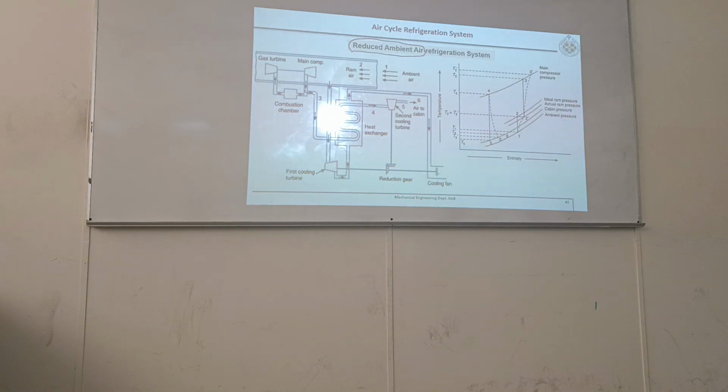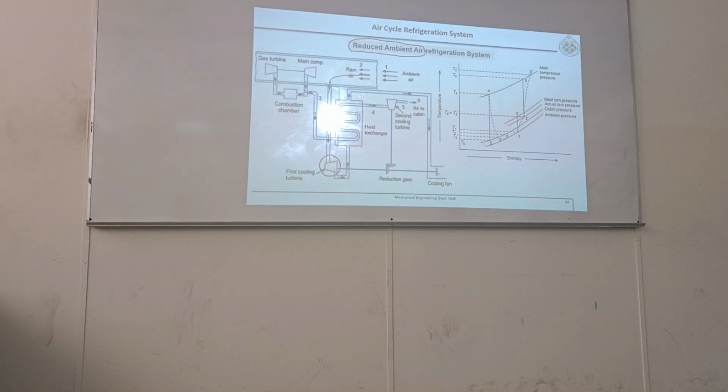Yeah, this turbine. In the previous configurations, the ram air was directly going towards that heat exchanger. But here ram air is first cooled in a turbine, then it is sent to that heat exchanger. That is different. The rest is the same as the simple cooling system.